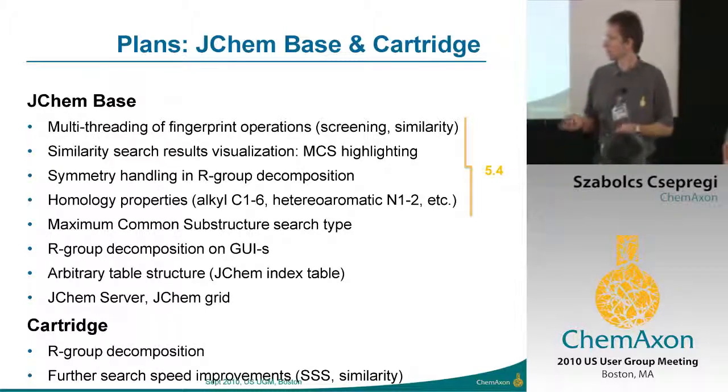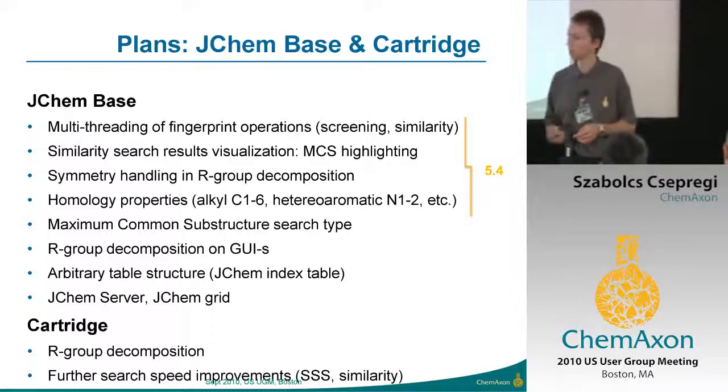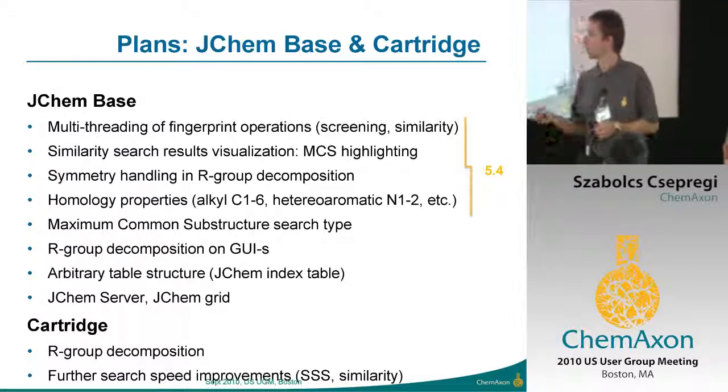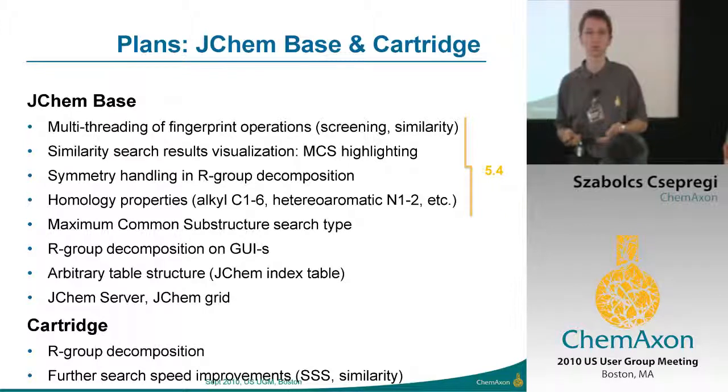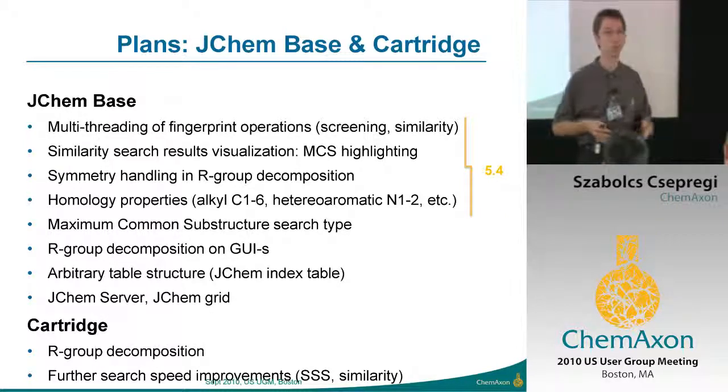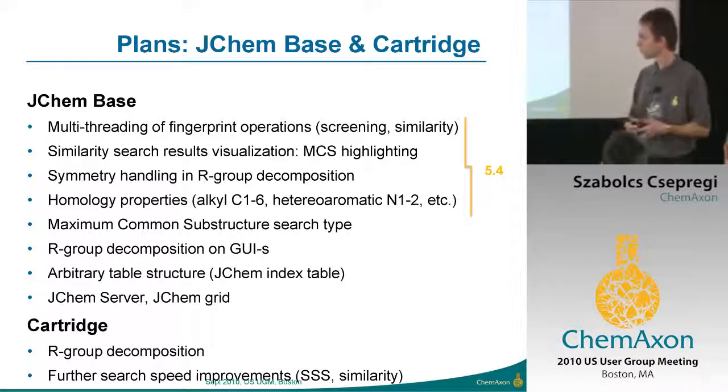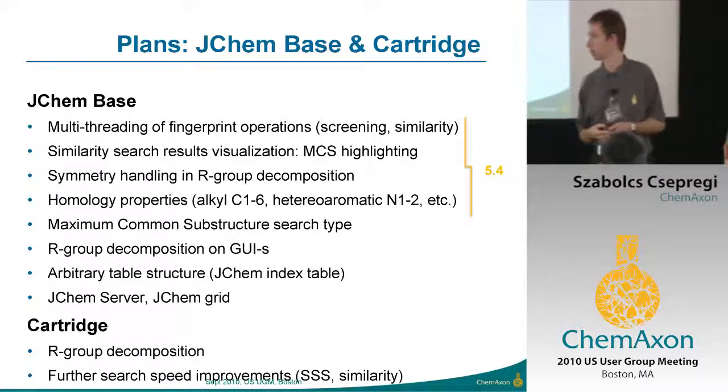Okay, and in the cartridge, yeah, there are other things we want to incorporate. For example, the R group decomposition again, and further speed improvements, which will overcome some Oracle limitations we want to add.